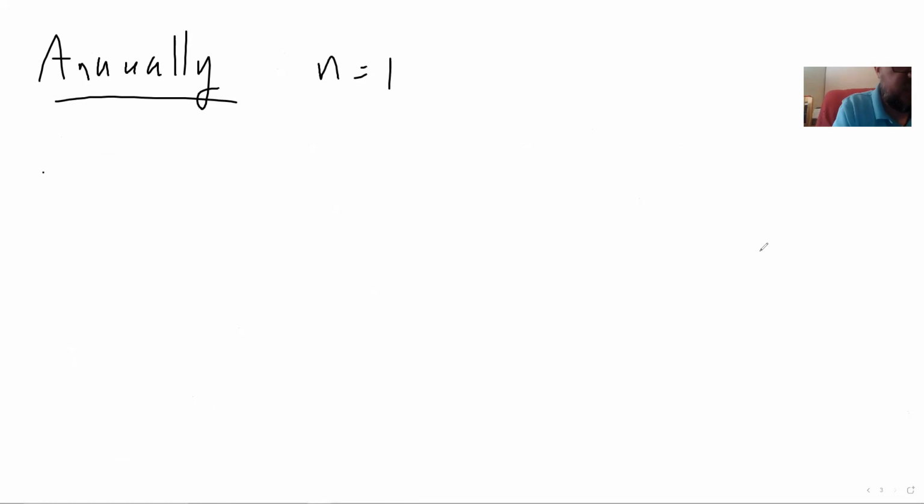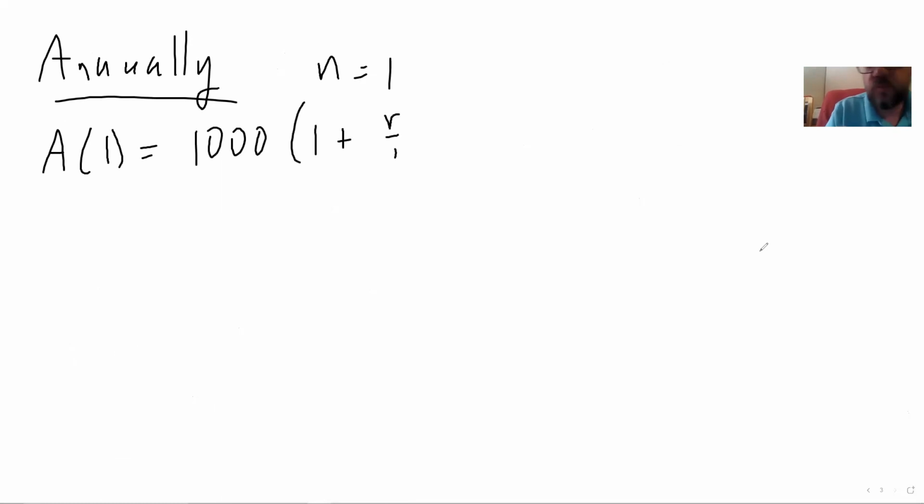So the amount after 1 year is going to be A of t. The amount she deposited originally, $1,000, times 1 plus r over 1. R is 5%, so 0.05 over 1 is 0.05, to the t, where 1 times t is 1 year.